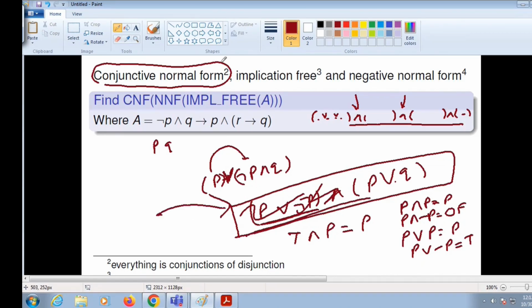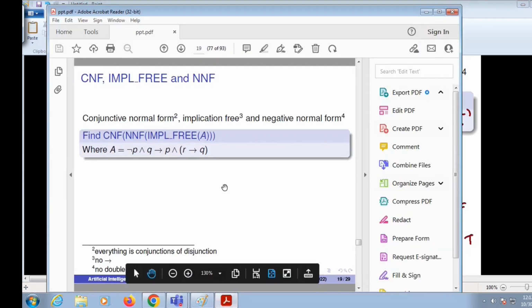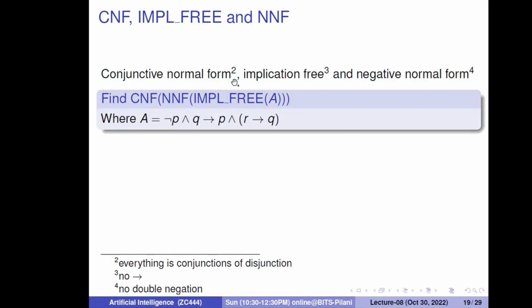So that is the conjunctive normal form. How can you convert things into the conjunctive normal form? There is another way, which is implication free. Do we want implication free? So you can apply implication elimination. How can you remove these implications? You know that R implies Q can be written as not R or Q. So by this, implication goes away.